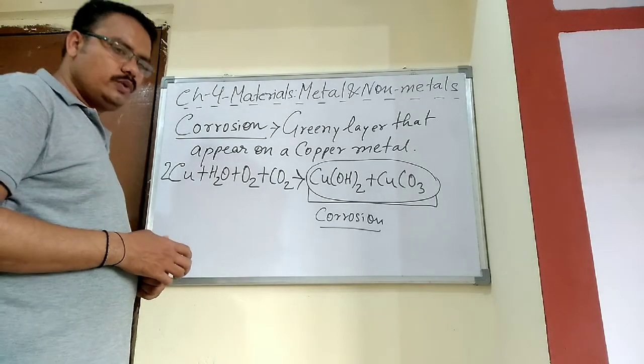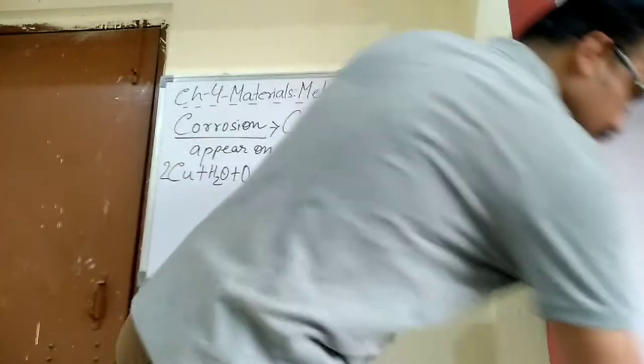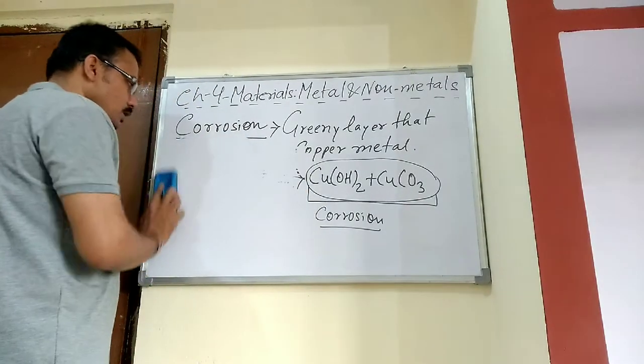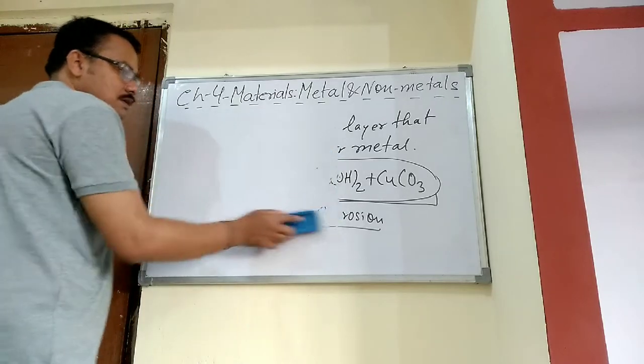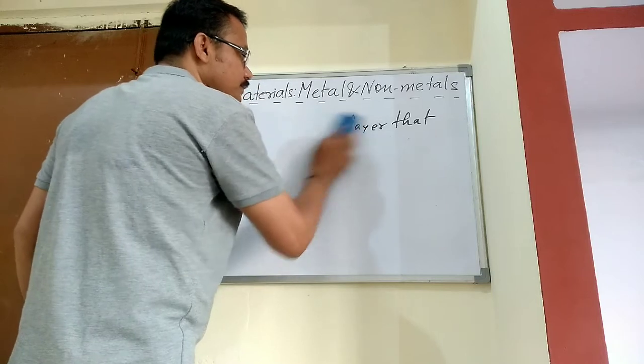Next, students, I am going to speak about rusting. Dear students, corrosion is the word used in the case of copper, whereas rusting is used in the case of the metal iron.